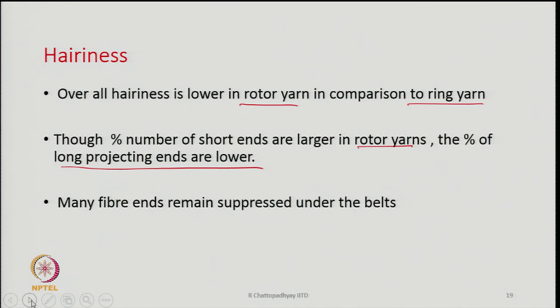Many fiber ends remain suppressed under the belts. The belts are tightly wrapping. So, some fiber ends remain suppressed and cannot project out, and therefore the hairiness becomes less in comparison to ring yarn.